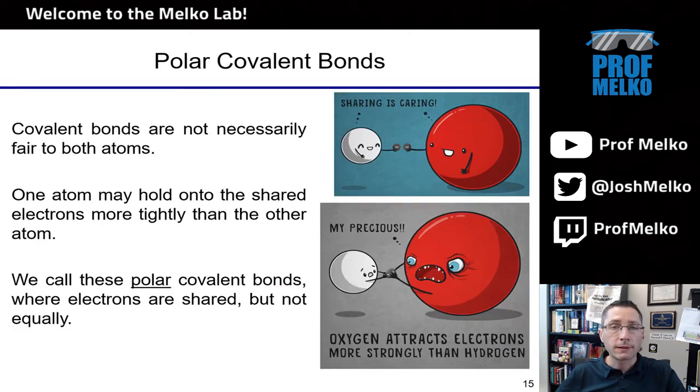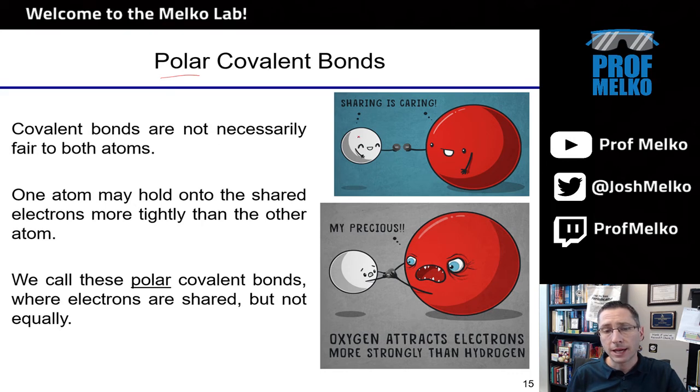Now, covalent bonds are about sharing. Ionic bonds were about complete transfer. Turns out, though, the sharing is not always equitable or equal. Covalent bonds that are nonpolar are completely equal. But most covalent bonds are actually polar, meaning there's not an equal sharing, okay? So although they're shared, it's not necessarily fair to both atoms.